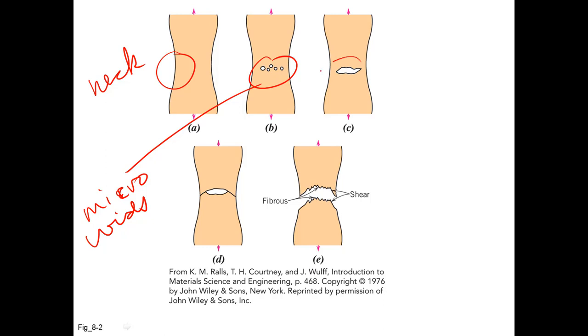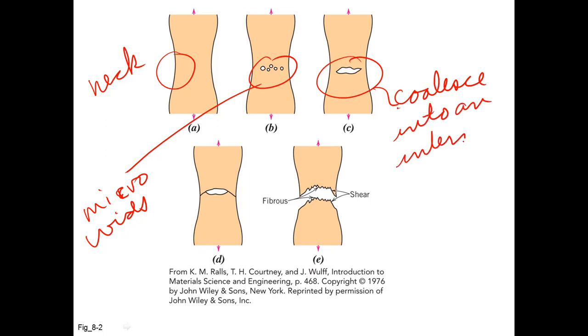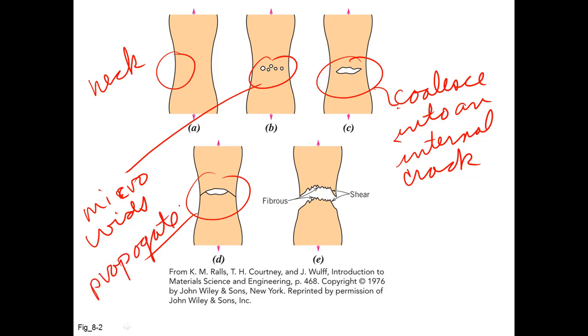The microvoids will coalesce into an internal crack and propagate until the edge, and finally there'll be shear on the edges, which are an indication at that point of some preferred slip planes or slip system indicative of the metal.